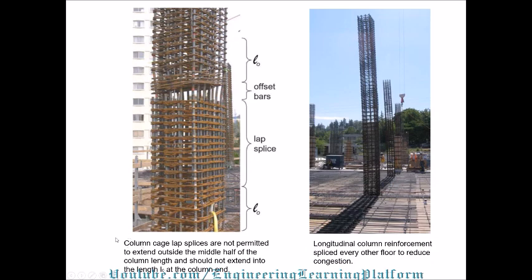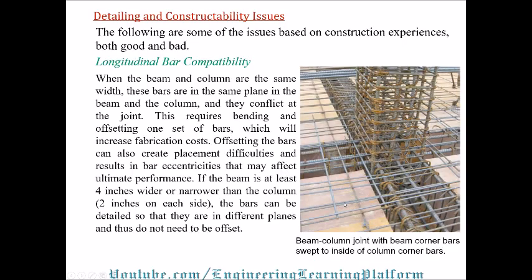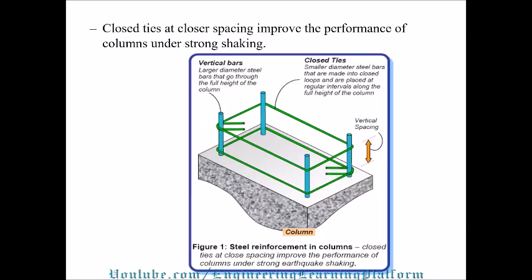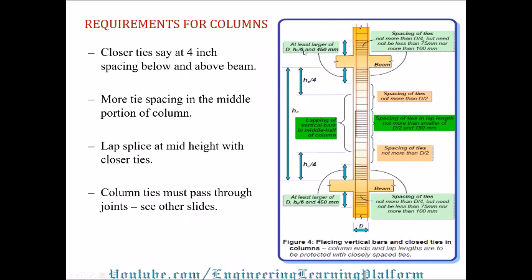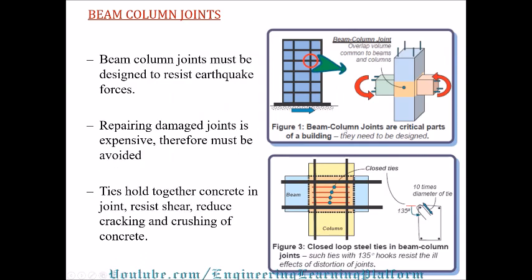Lap splices are not permitted to extend outside the middle half of the column length and should not extend into the length L0 of the column end. With this L0 length, we have already discussed what this is. This was the smallest of three criteria which we discussed in the column slide: D, h by 6, or 450 millimeter.